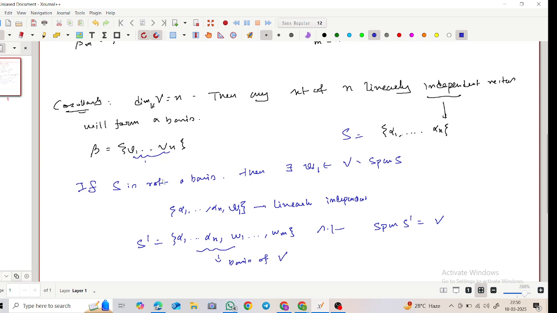But the cardinality doesn't match. So the only way this is possible is if this set is just the null set, if W1 to Wm doesn't even exist, that is, span S is V.